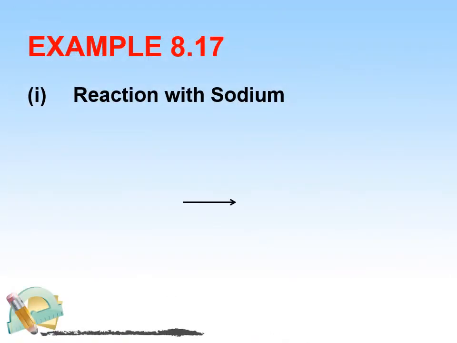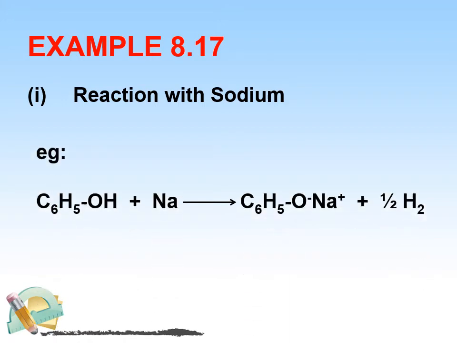Let's look at example 8.17, reaction of phenol with sodium. We have a general formula written here, C6H5OH reacts with sodium, and we're going to get C6H5ONa with half a molecule of hydrogen gas.